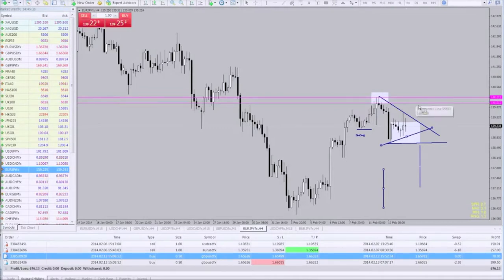The sniper trade short would be in this general area. In other words, if this broke long, just to answer your question, I'm not going to take a long trade on this setup. But I have evidence that last time we touched this area, it fell like a stone. We came back, it's falling again. If it comes back up here, it's worth taking a shot with a tiny stop loss in this area.